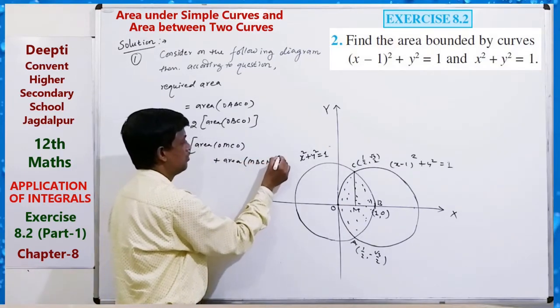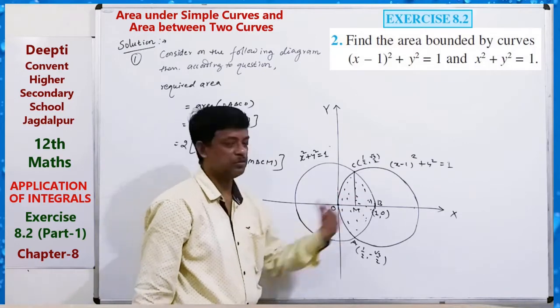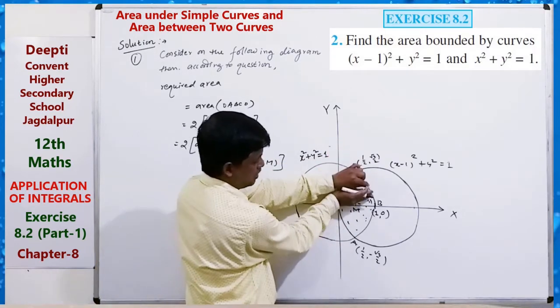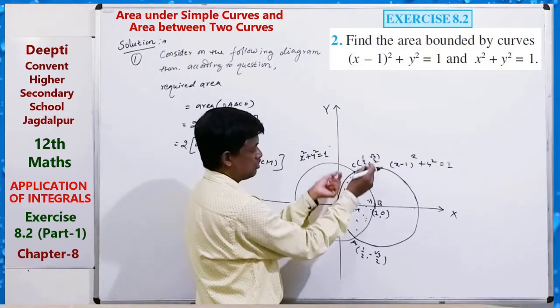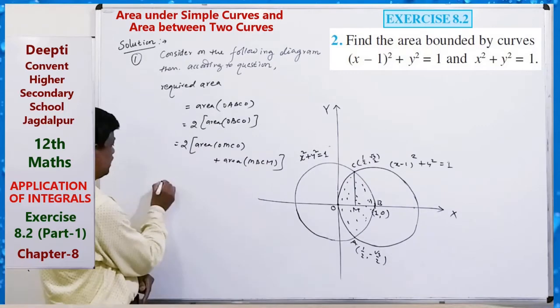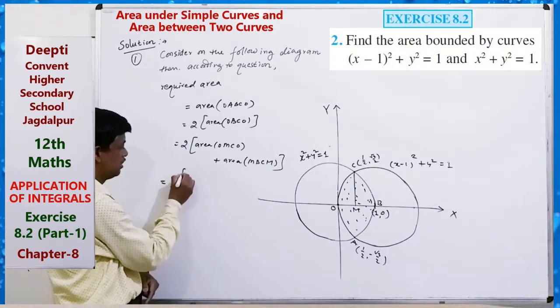Area of this plus area of this. Total area is 2 times this, and this area equals this plus this.